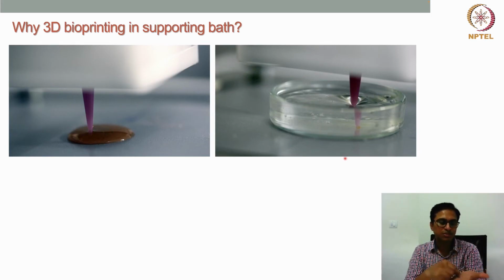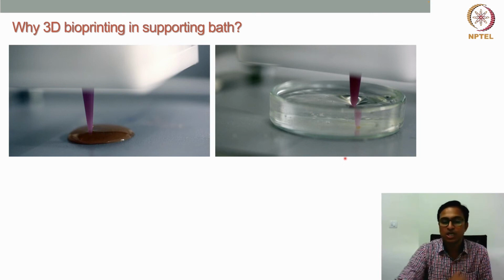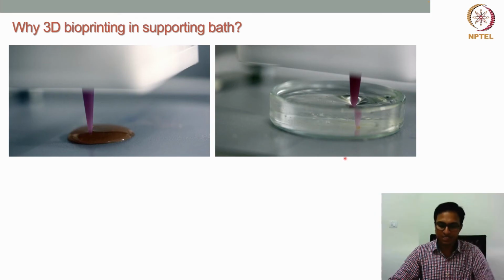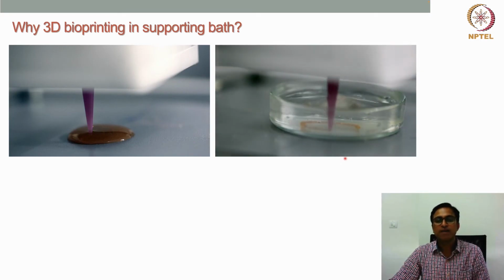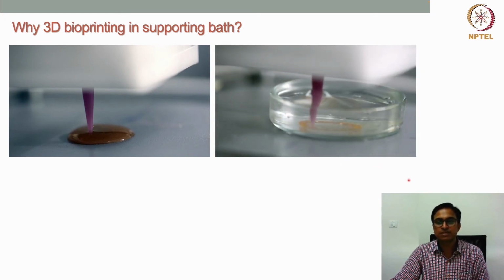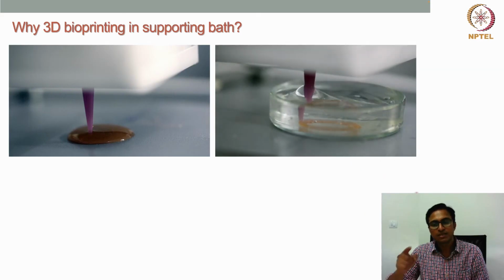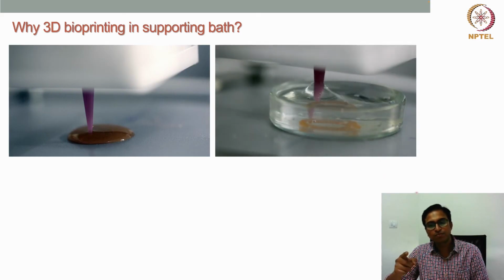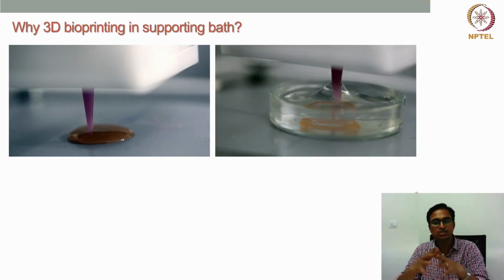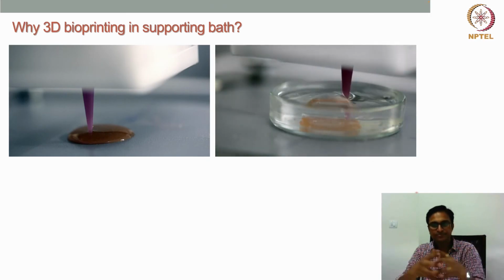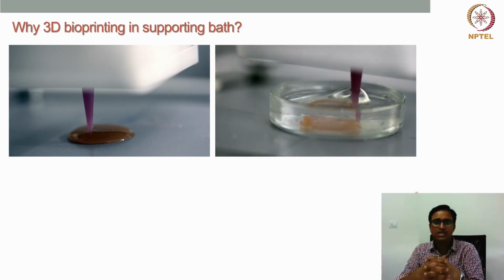Because of the low viscosity or low modulus of the bioink, we are not able to make a structure. But with the same bioink, same viscosity, same modulus, I am printing in a support bath. Suppose this is the support bath material and I am printing in the support bath. The support bath is actually providing support to the printed structure. Here they are not coming together as a drop.